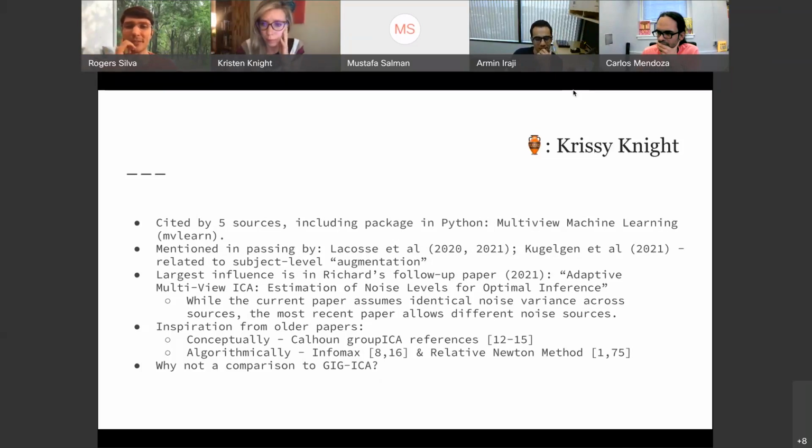Yes. So indeed in the model you have only the shared sources that you're trying to learn, and the parameters of the model are the unmixing matrices. Once you're able to learn the unmixing matrices, of course you can invert and project the data into the shared space.